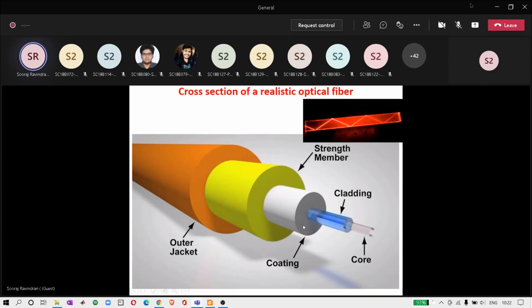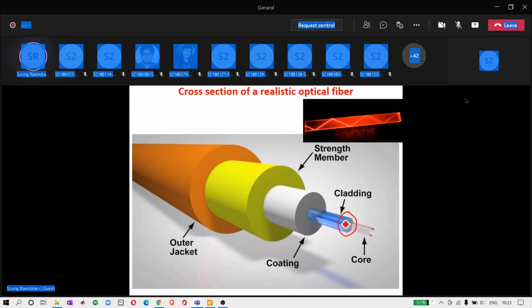Okay, so you can have a look at the cross section of a realistic optical fiber. You have the core and the cladding. We'll be studying only about that. To study the property of optical fiber, we don't have to study the properties of the coating and other things. We need to study only the core and the cladding. The center one is the core, which carries the signal.